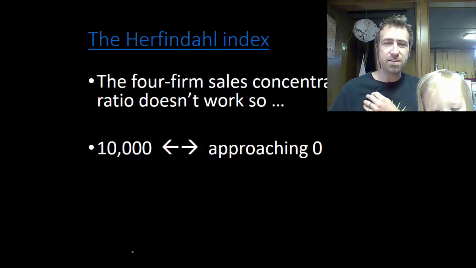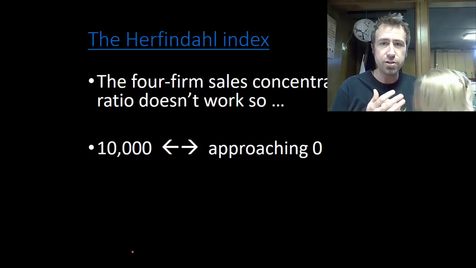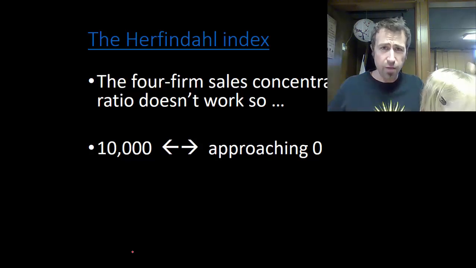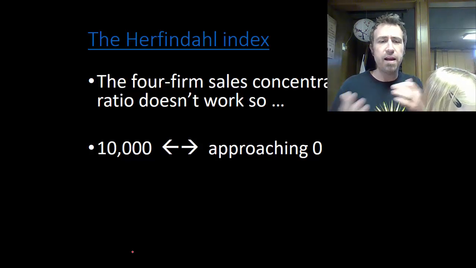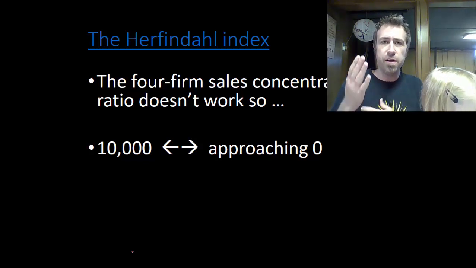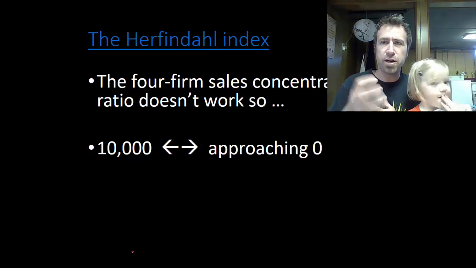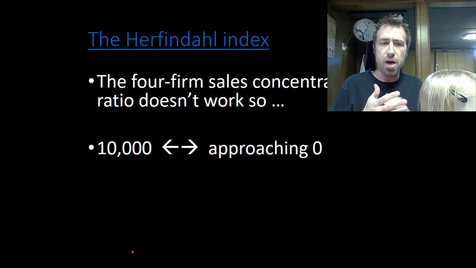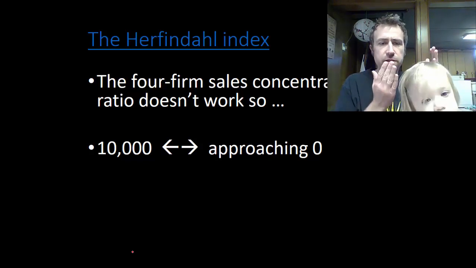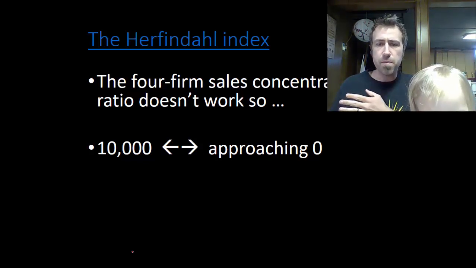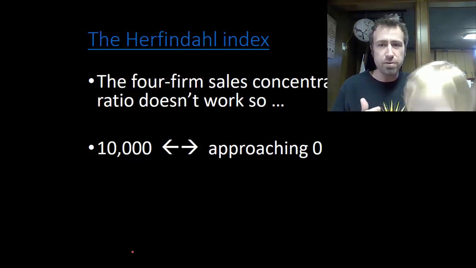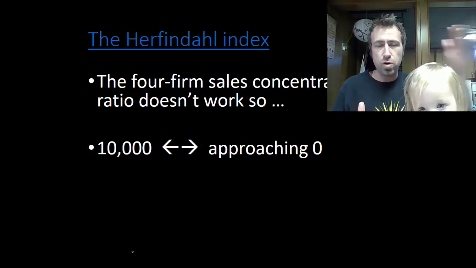The Herfindahl Index measures the sales concentration ratio of all the firms, and it squares their market share, and it ends up coming to be a number between 10,000 and 0. And the closer to 10,000, the more of a monopoly or oligopoly it is.